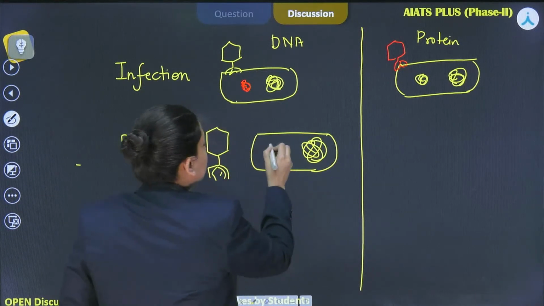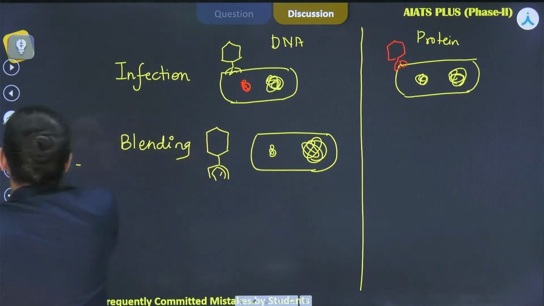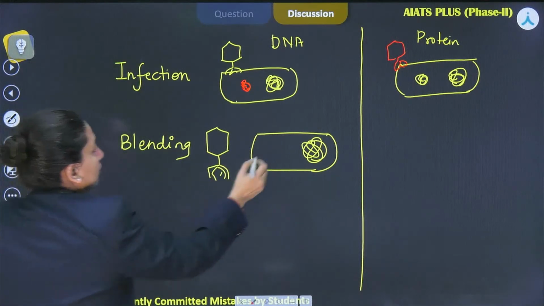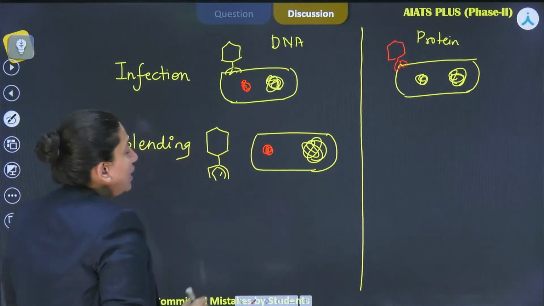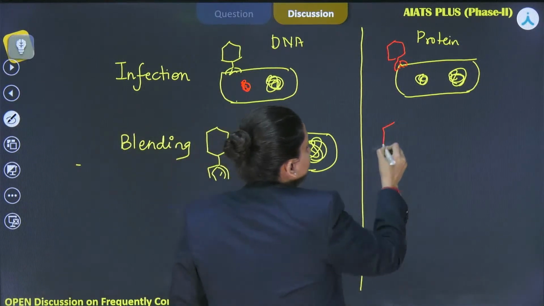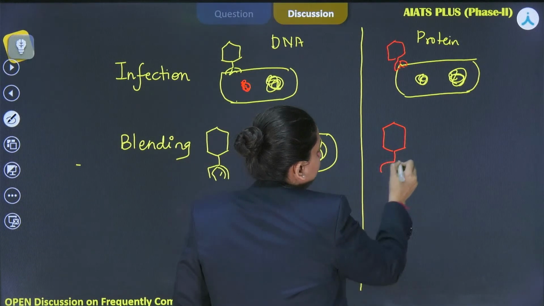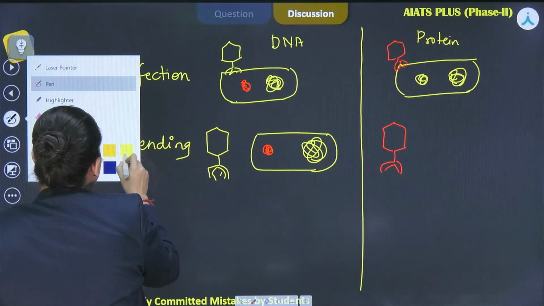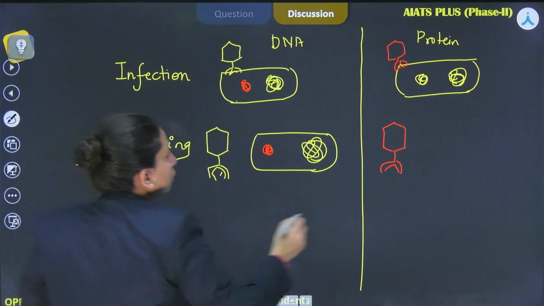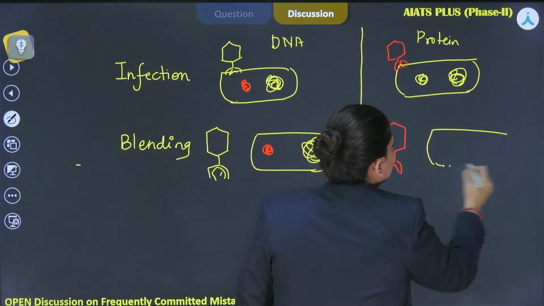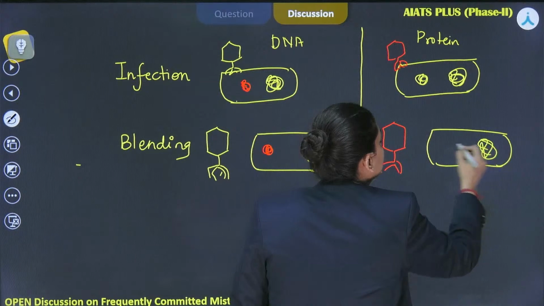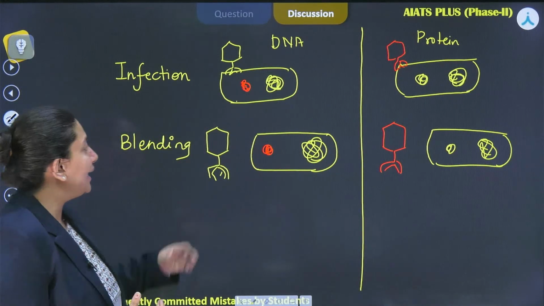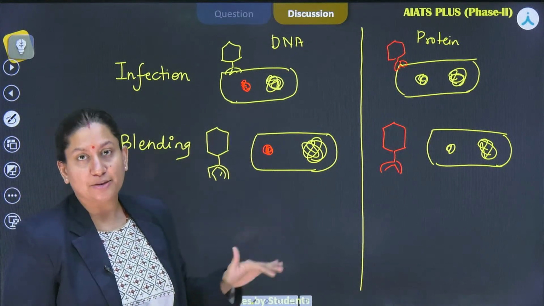and this bacterial DNA along with the labeled DNA, and in this particular case they have found the labeled capsid along with this particular cell, right? Now how are they going to analyze which particular material has been transferred?